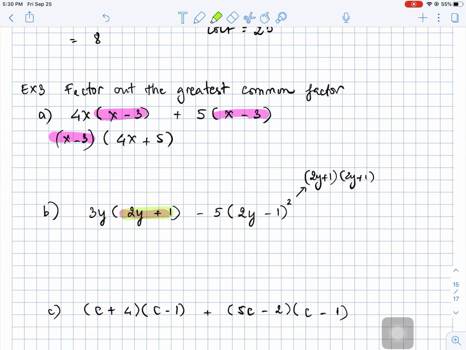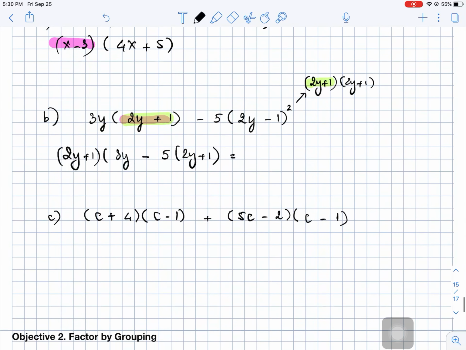If we pull out 2y plus 1 one time, what we have left is 3y minus 5 and the 2y plus 1, right? So 5 and the 2y plus 1.